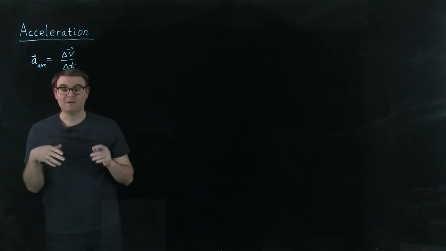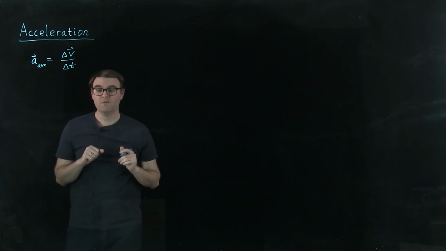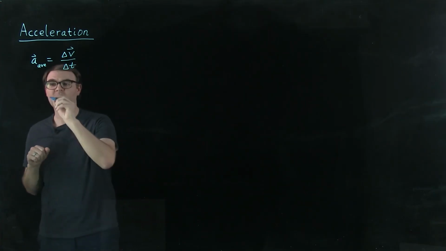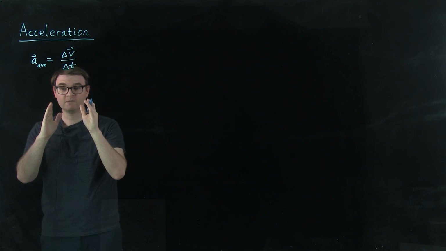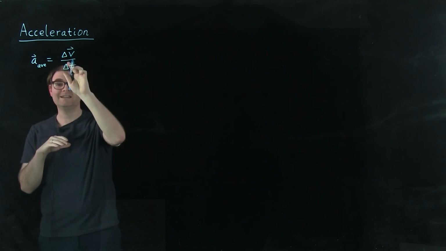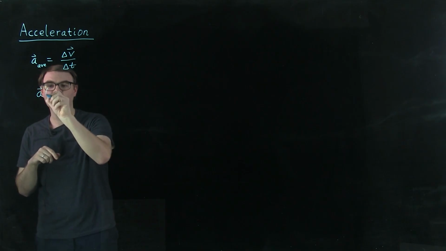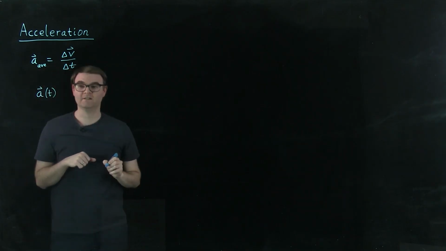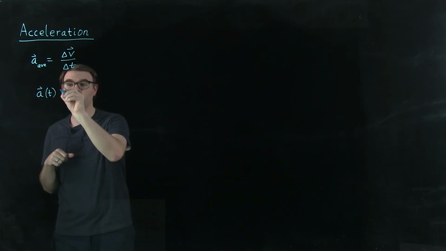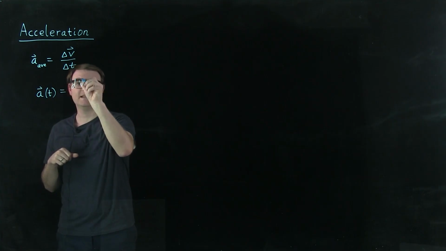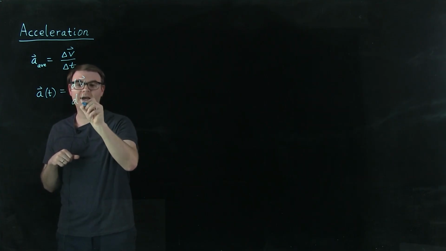The other thing that we can do, again, very parallel with what we did for the velocity, is we can shrink our time interval down to be very small, replace these deltas with little d's, and what we have is suddenly an instantaneous acceleration that I could write as a function of time as something like dv divided by dt.